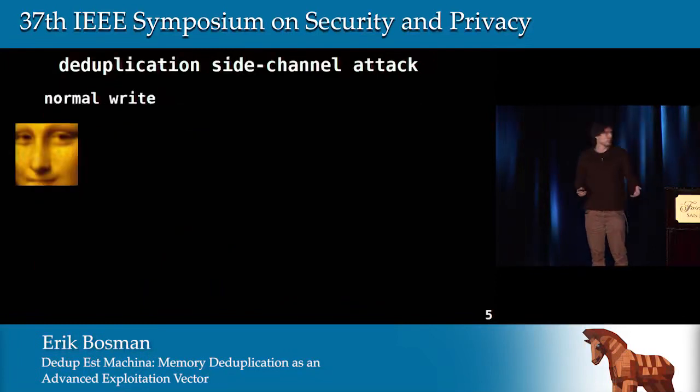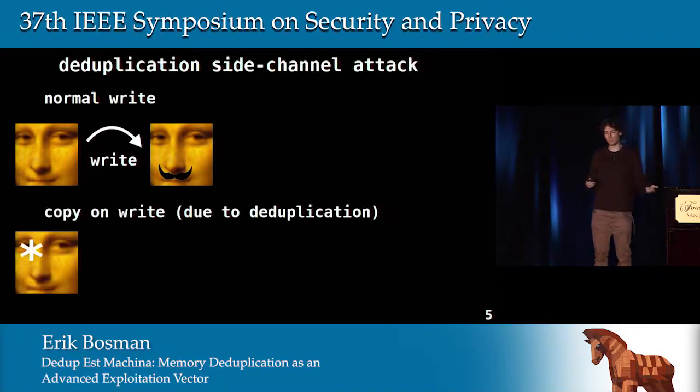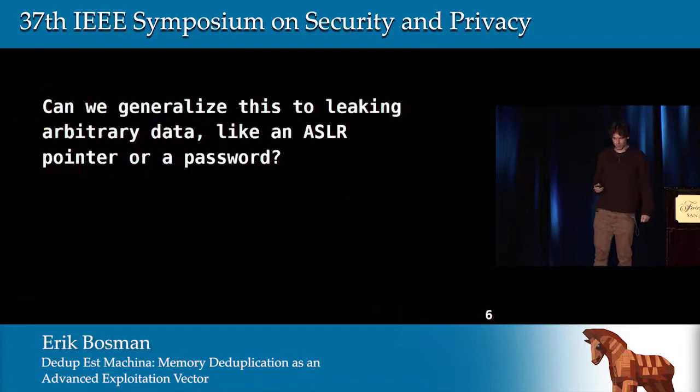So why is this a problem? Well, if you do a normal write to a memory page which is not marked copy on write, it will go very fast, but the deduplicated page has to be copied first before the write can happen, and this takes longer, and you can measure this from JavaScript.